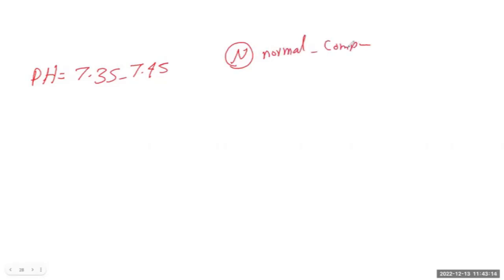So first thing, I will look at pH level. Normally 7.35 to 7.45. If the level is normal, it can be because it's normal pH already, or there is a compensated problem. What if pH is increased? So what is the problem?